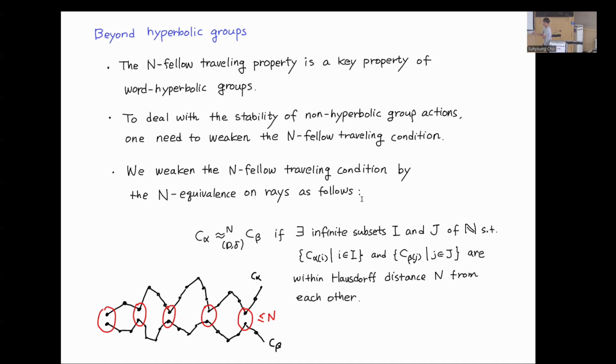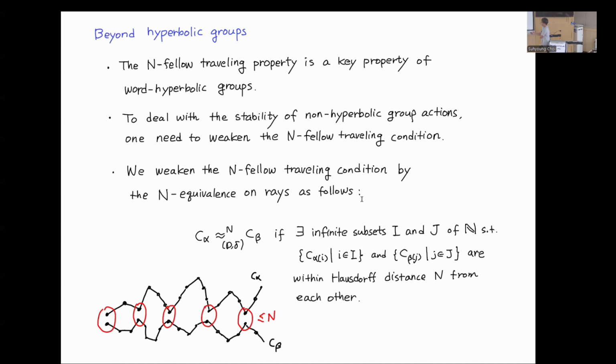Actually, this idea comes from the Morse geodesic notion, introduced by Kapovich, Leeb and Porti. Anyway, first I will introduce the weakened condition.